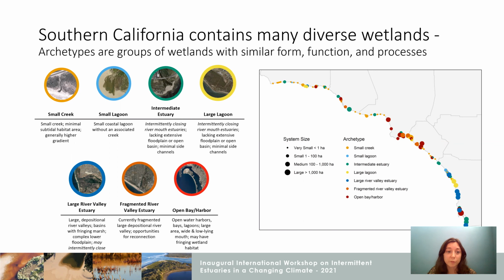Here we refer to these as intermediate estuaries. But it's also important to note that some of the other wetland archetypes in this region exhibit similar opening and closing mouth dynamics. These IOCE systems are a really important consideration for our adaptation planning in Southern California.